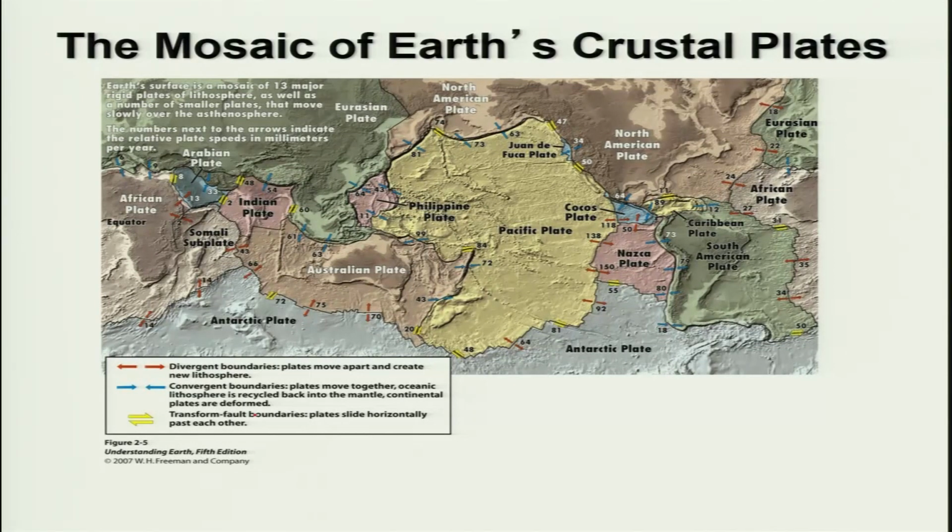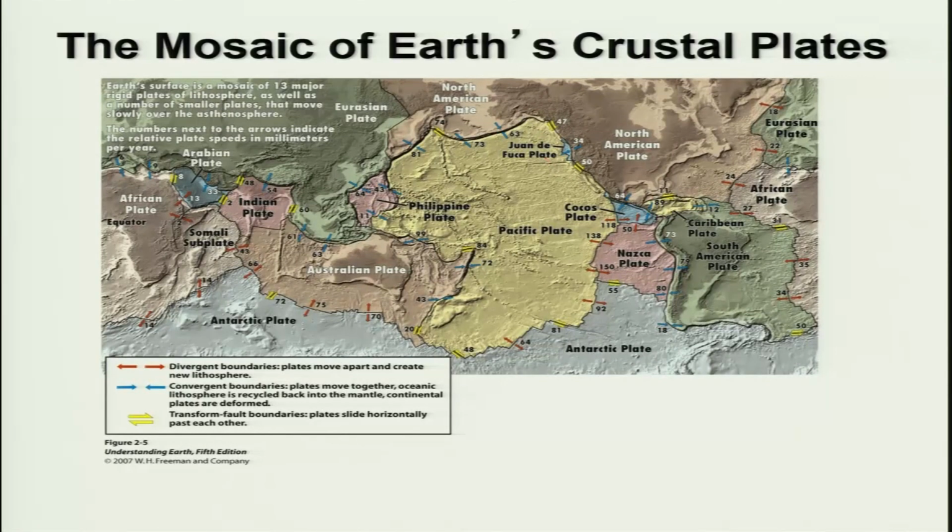As I was mentioning, the blue arrows show directions opposite to one another, which is a convergent plate boundary, and the red arrows are shown as the spreading centers, the divergent plate boundary.